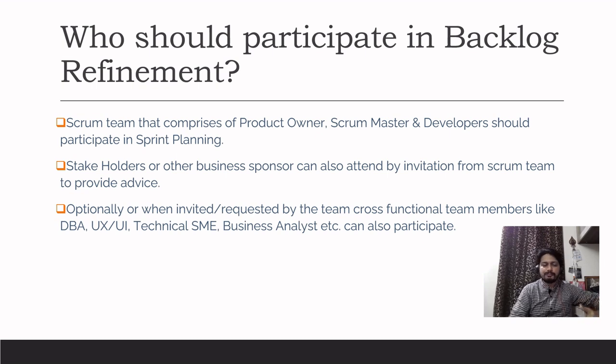So they can invite those persons to gain that knowledge and learn more about what they have built, so that the team doesn't have to reinvent things from scratch and can reuse what is already built. Or maybe the architect can help the development team members decide which approach is best suited or sustainable, right? So again, optionally, we can request any cross-functional team member for their feedback or inputs into the backlog refinement meeting.